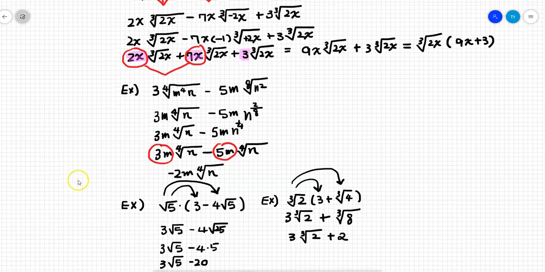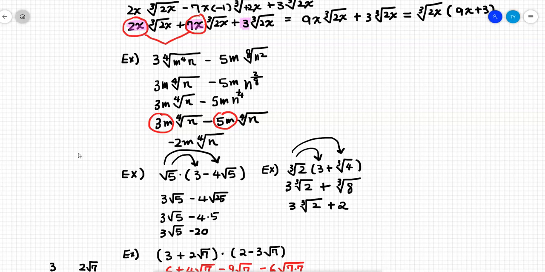The next example that I showed you was that sometimes you need to change the radical into the rational exponent. Now this one on the left-hand side, if you look at the m^4, it comes out as 1m, so that's all right. But over here, if you look at the n squared and you have the index of 8, this will not come out from this radical.